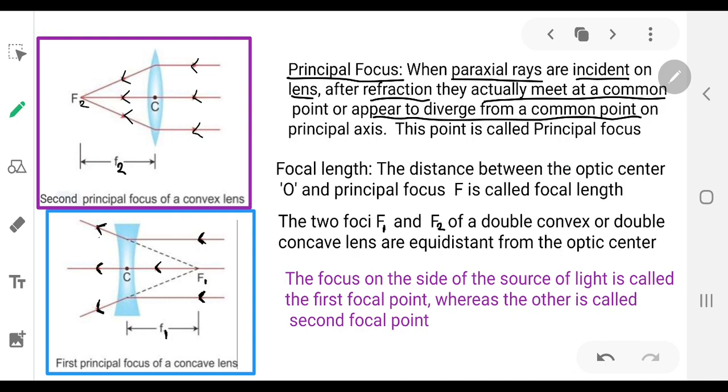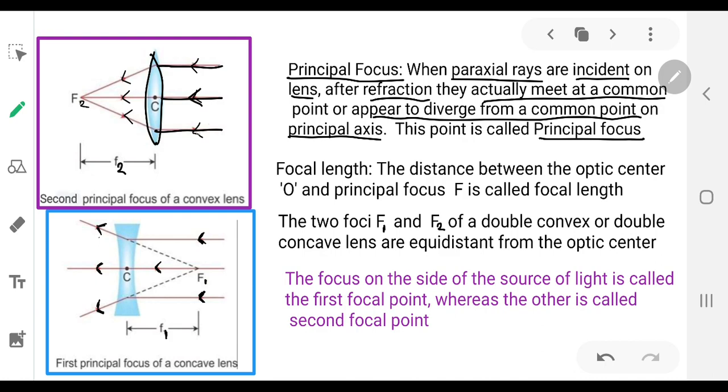Where does that common point lie? It lies on the principal axis. Then that point is called the principal focus. So you can refer to the diagram. Here is the first one, a convex lens. The rays are parallel to the principal axis.